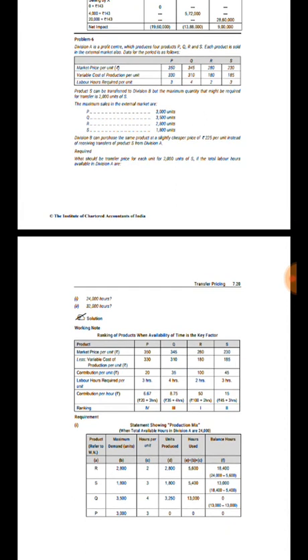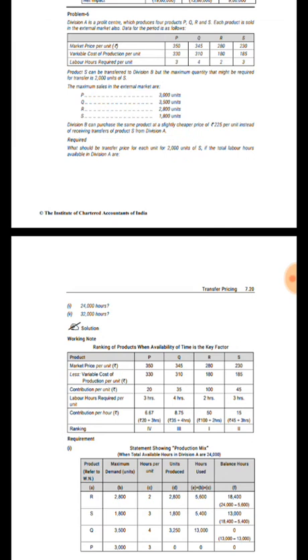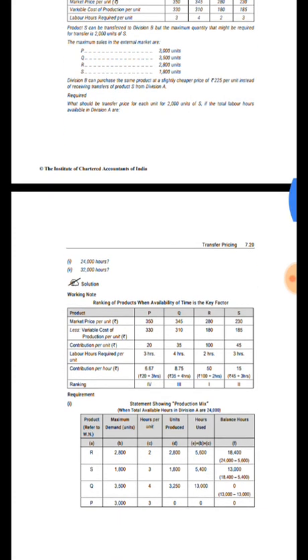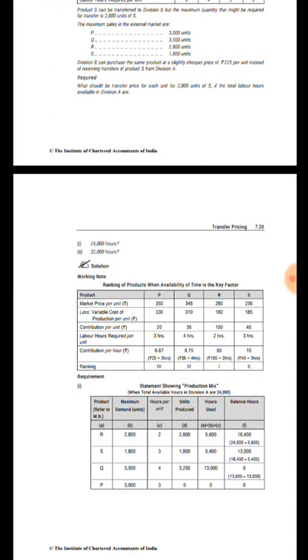If you reduce it, you'll get contribution per unit. Then labor hours required: divide the contribution per unit by labor hours required. You will get contribution per hour, which is the limiting factor. Based on that only we have to rank it. So we rank it 1, 2, 3, 4.